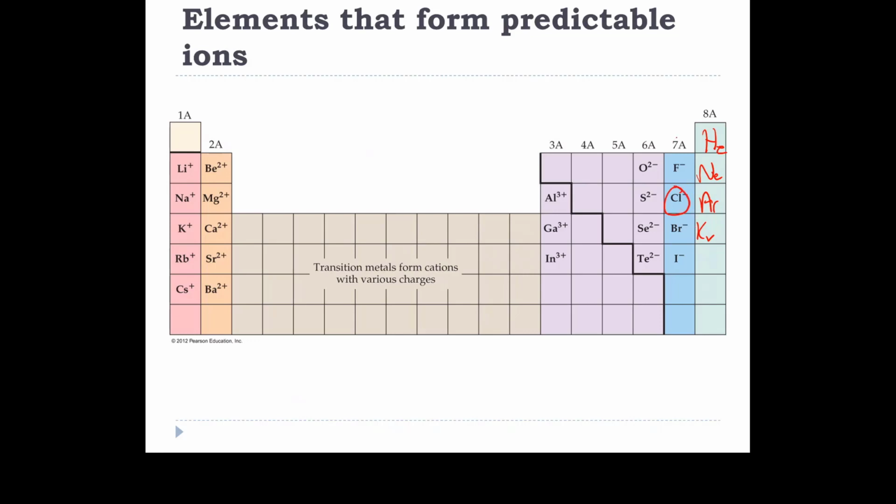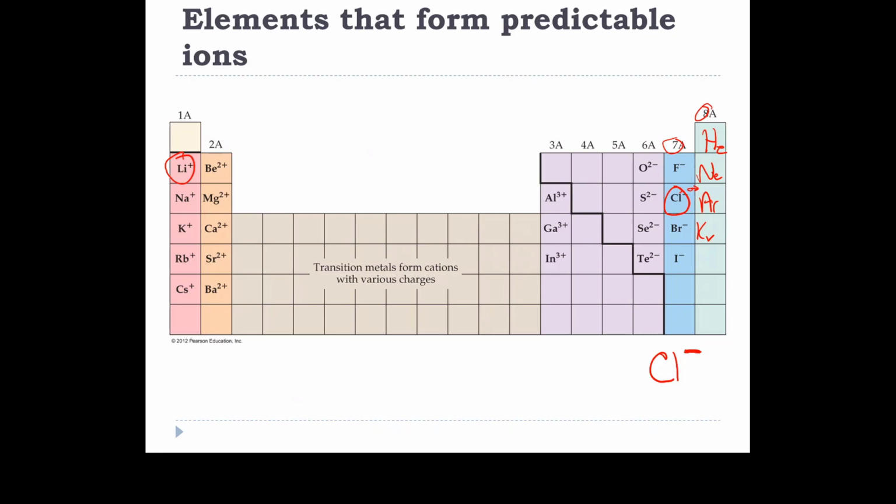Chlorine has 7 electrons in its outer shell. The closest noble gas to it is argon, that has 8 electrons in its outer shell. So if chlorine can gain 1 additional electron, then it looks like argon, right? It has the same electrons in the outside as argon does. Does that make sense?